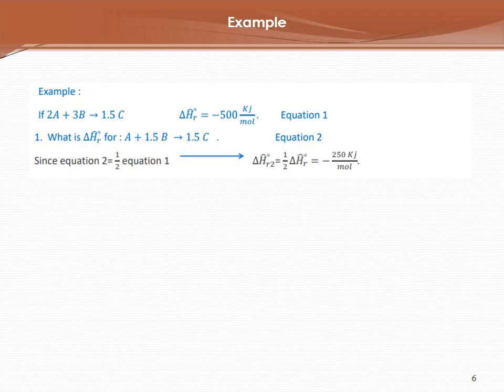That is, if you look at this second equation, this is almost equal to half of the first equation. So if you were to calculate the standard heat of reaction for the second equation, you can divide the standard heat of reaction of the first equation by half, which is minus 250 kilojoules per mole.